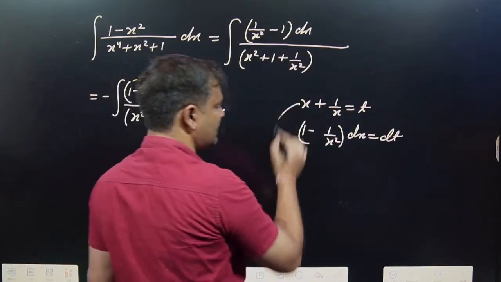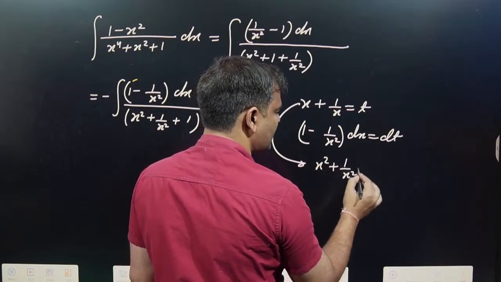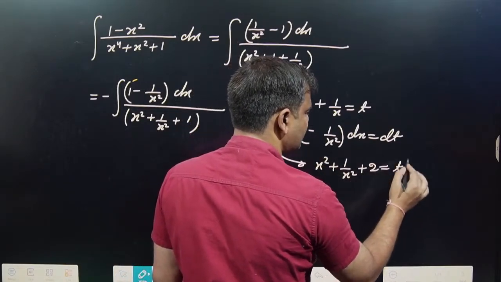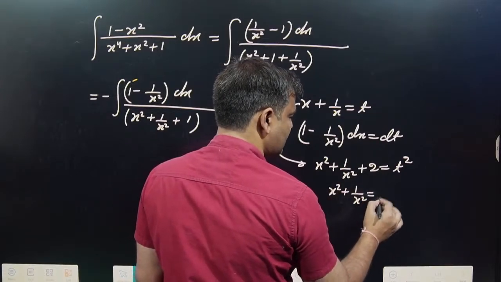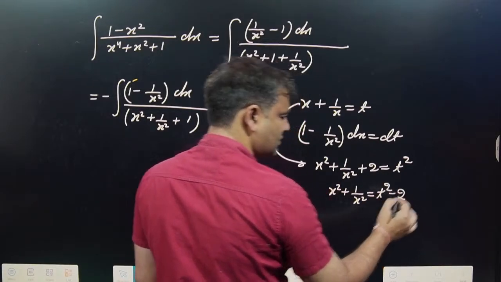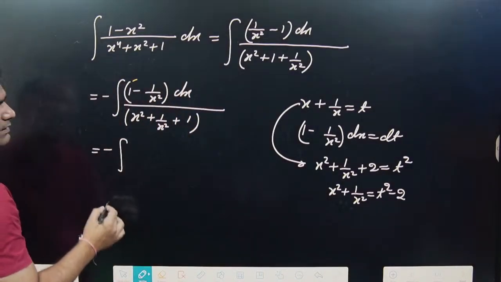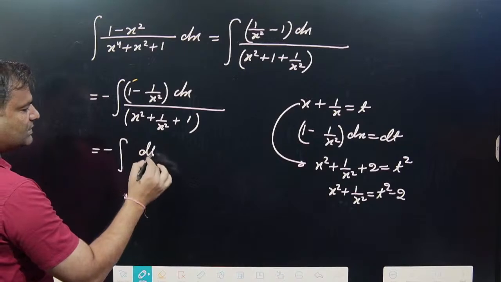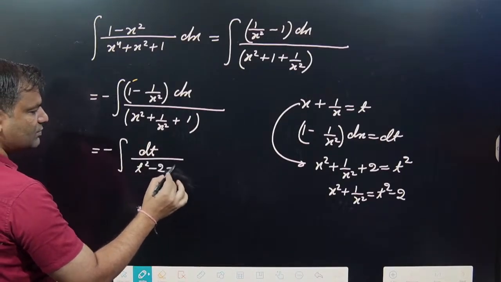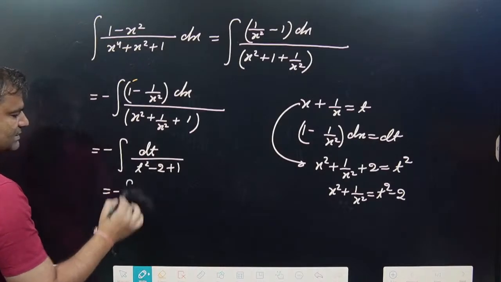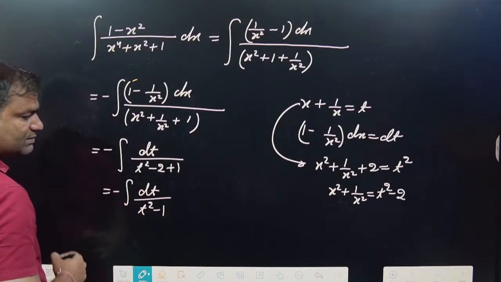Now squaring both sides, we get x² + 1/x² + 2 equal to t². So x² + 1/x² is equal to t² − 2. Now put that value: dt divided by (t² − 2 + 1). So minus dt divided by (t² − 1).